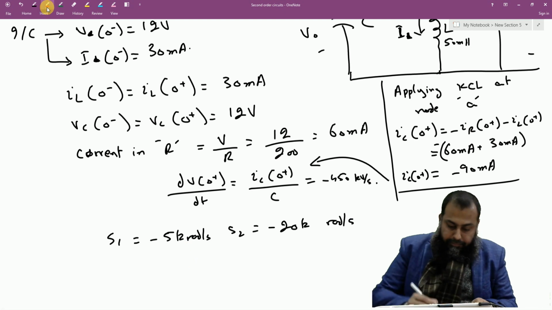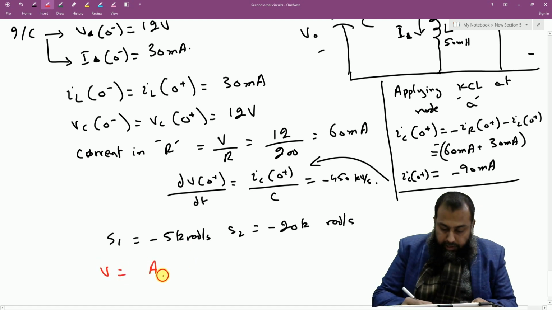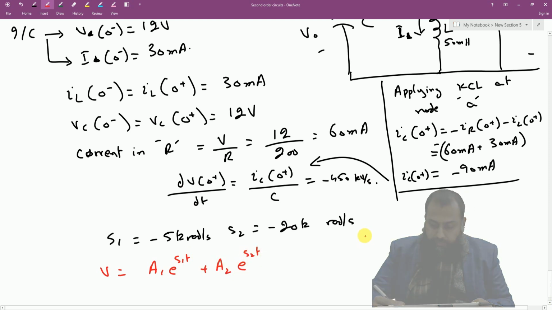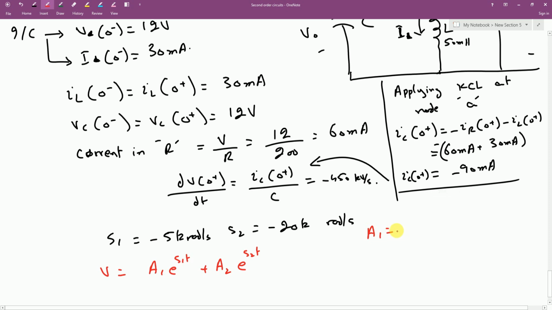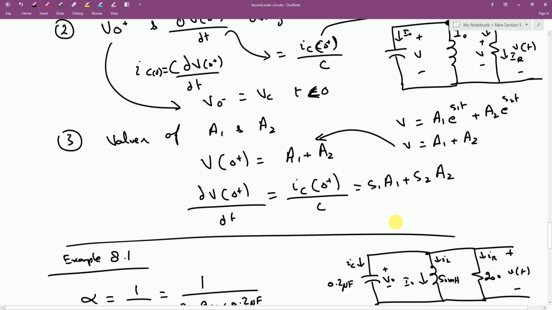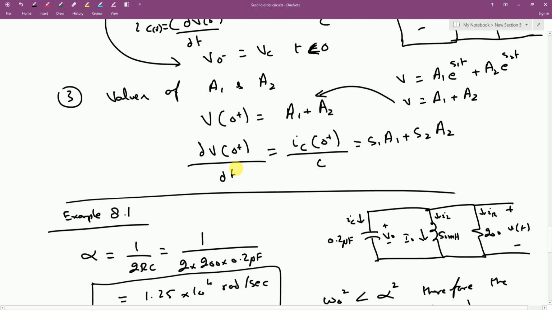Now the equation is V is equal to A1 e to the power S1t plus A2 e to the power S2t. What about this A1? I have written it here. A1 plus A2 is equal to V0 positive.